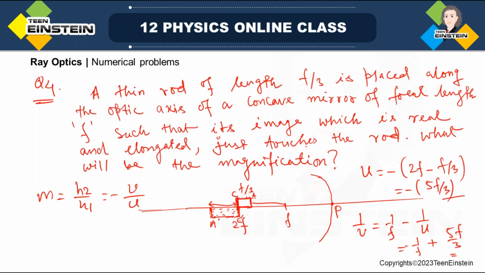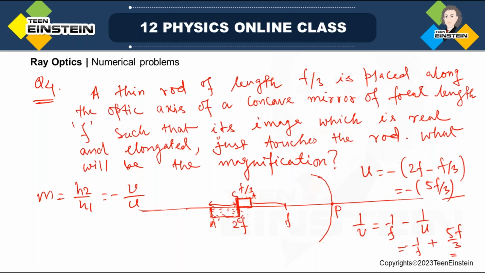So this task can only be possible when the rear side of the rod must be touching the 2F or center of curvature, so that the image of that itself will be formed here. Okay, the image of that particular side will be forming here, and the other portion will be forming this side. Okay, A prime. So this A has become A prime and C has become C prime itself.